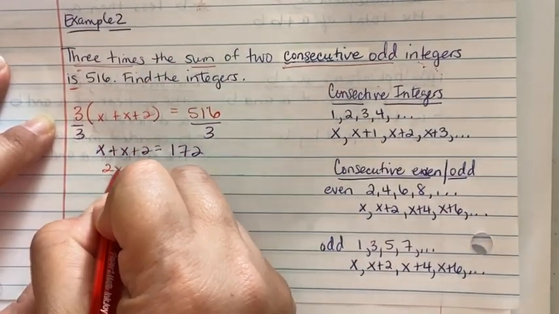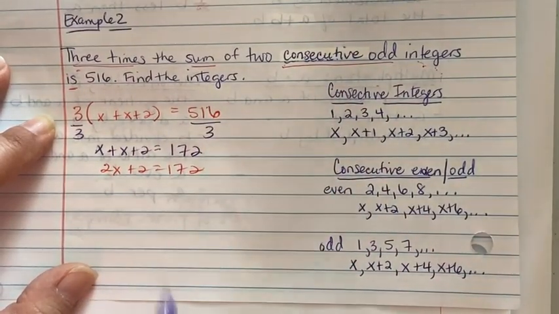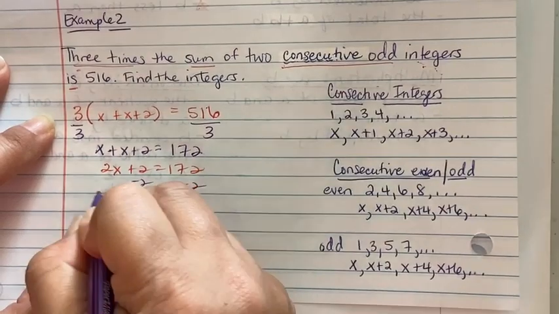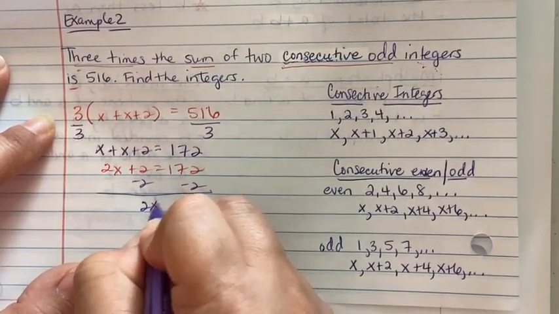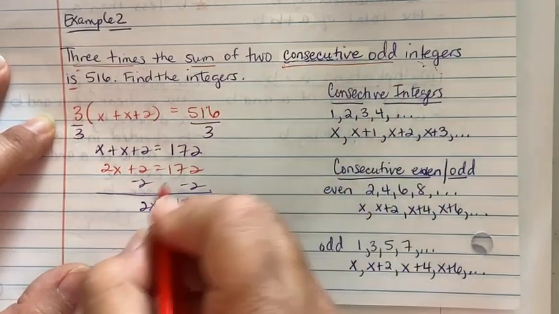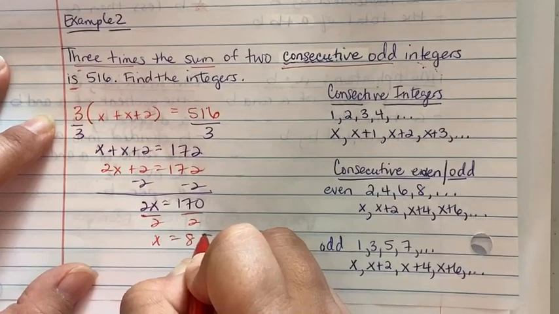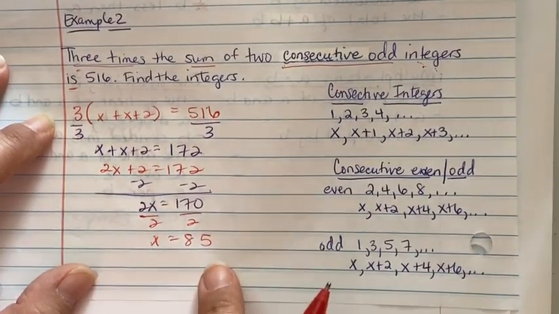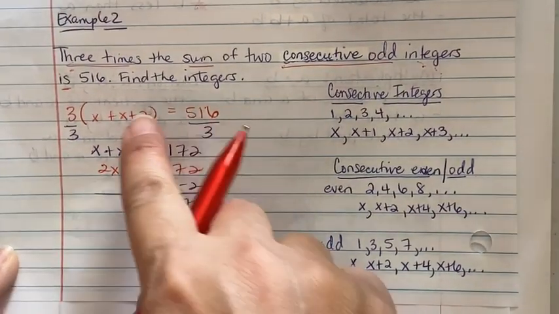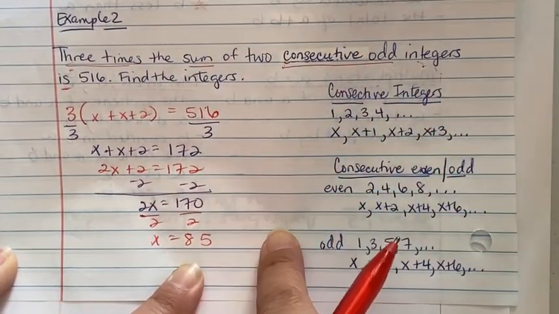Now combine like terms. So I get 2x plus 2 equals 172. Subtract 2 over. So 2x equals 170. Divide by 2. So x equals 85. Now, remember, it said two consecutive, which means they need to be consecutively ordered.